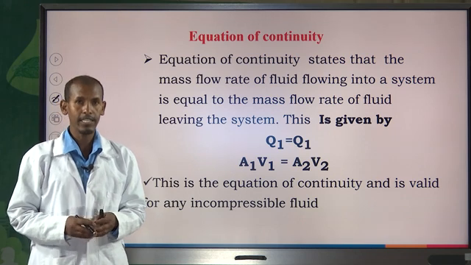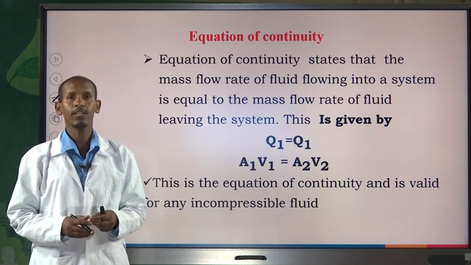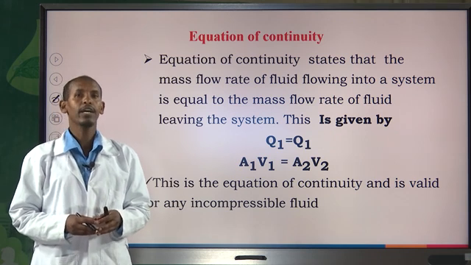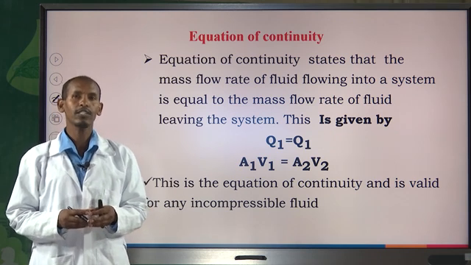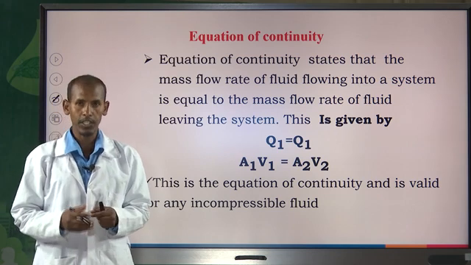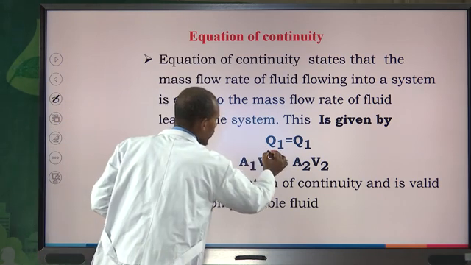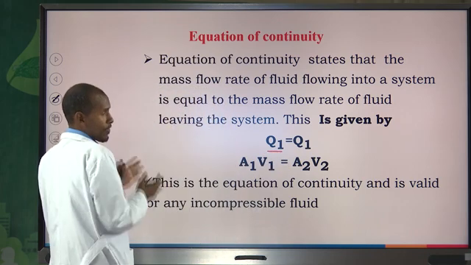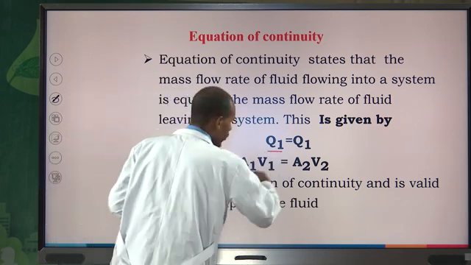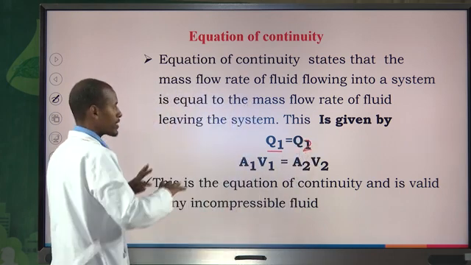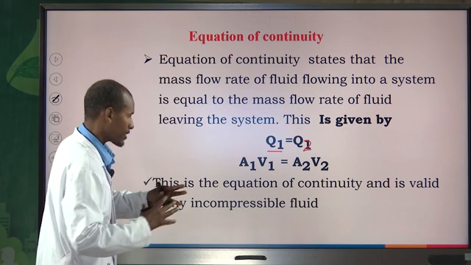The equation of continuity states that the mass flow rate of fluid flowing into a system is equal to the mass flow rate of fluid leaving the system. In equation form, the flow rate Q in the first pipe is equal to the flow rate in the second pipe.